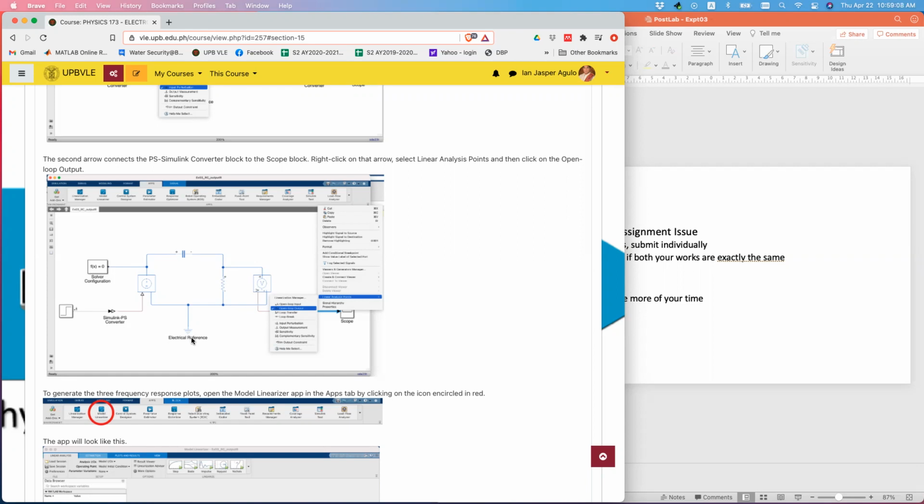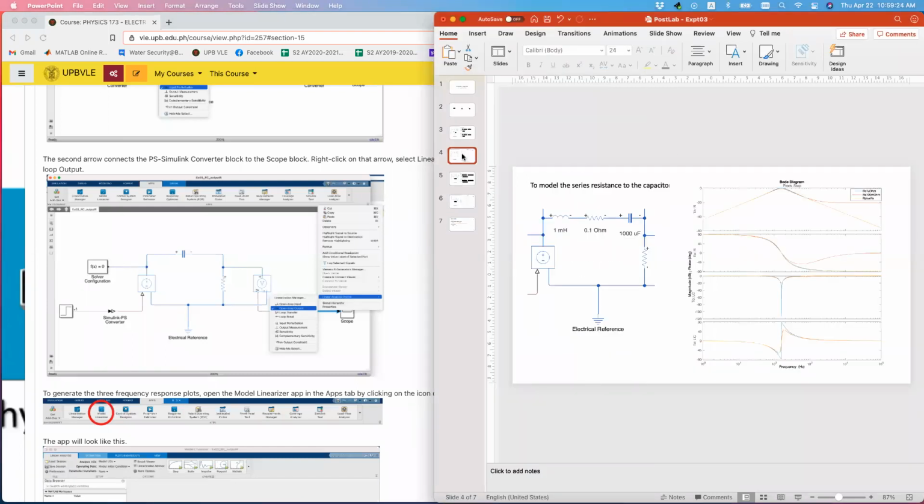At lower frequencies, kitang-kita niyo yung effect nung 60 Hz kasi parang magpi-peak siya or meron siyang konting vibrations. So hindi siya flat na katulad dito. Of course sa experiment, hindi niyo naman makikita yan na logarithmic yung scale.